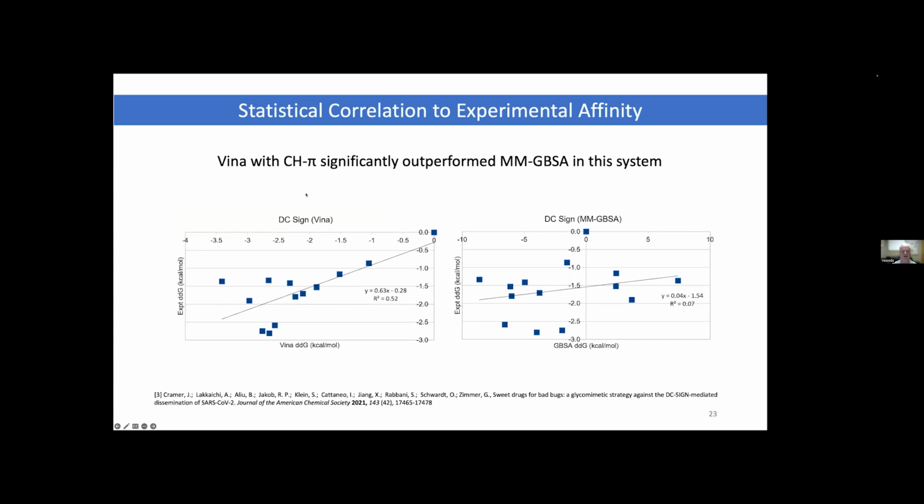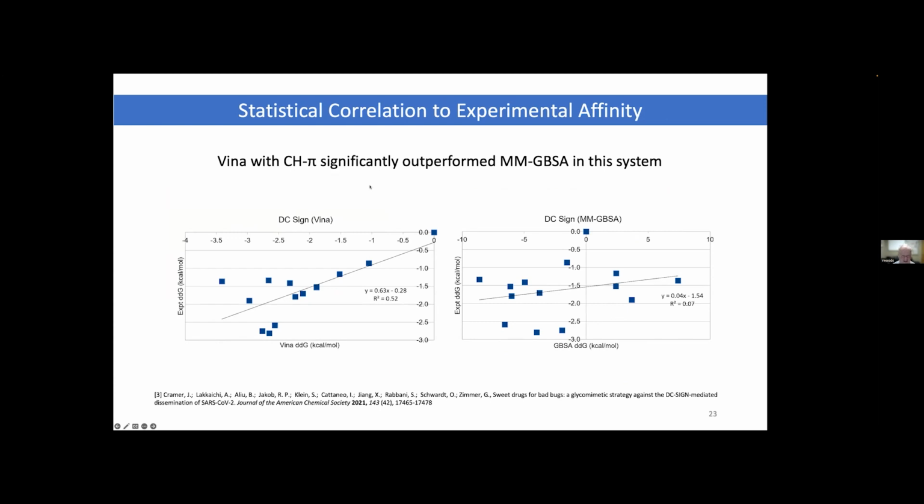If we now look at some correlations, this was just for that last system, DC sign. We plot the experimental binding free energy and the VINA relative binding free energy. We get an R squared of 0.52. It's not super exciting. It's not terrible, but you know, compared to MMGBSA, which is all over the place, in this particular case, VINA scored well.